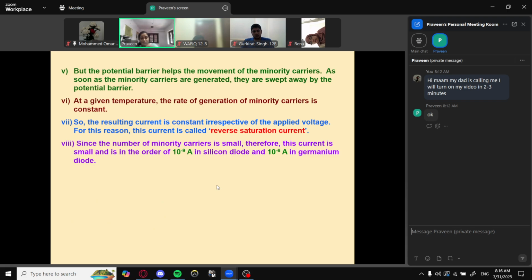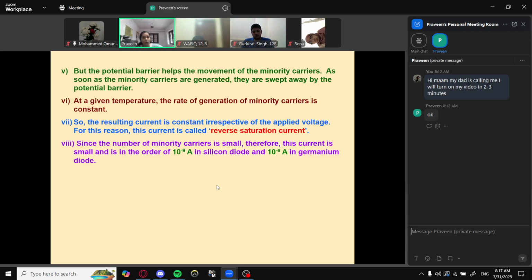So even in reverse biasing, the majority current is not there, but still there would be a current due to minority charge carriers. The majority charge carriers will not be contributing anything towards the current, but due to the minority charge carriers, there will be a small current present in the circuit.